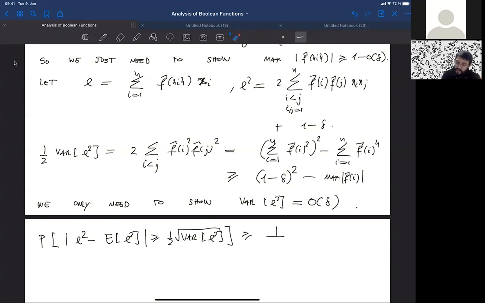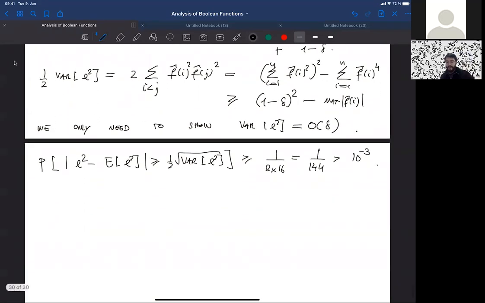So this function L squared is not a function of order 2. So if I apply the previous corollary, what we get is 1 over 144, which says this is definitely greater than 10 to the minus 3. Okay, it's just bound by this to make it easier.